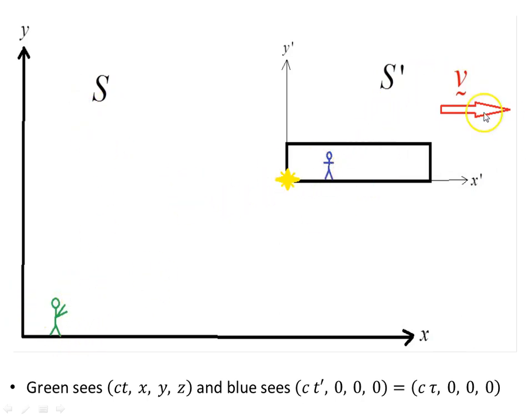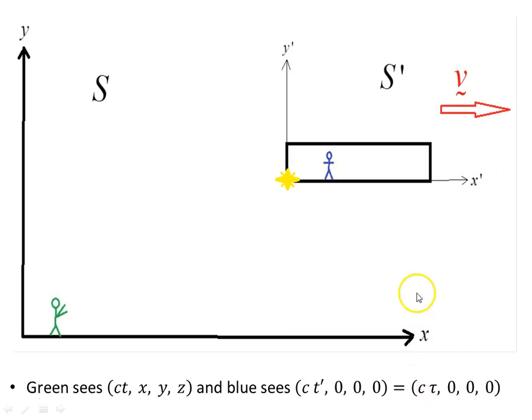This time now we're going to call the S prime frame the spaceship in which this observer is seated, and the rear end of the spaceship has a light that flashes right next door to the observer in S prime, who's sitting right next to the end of the spaceship there, and according to the observer in the spaceship, this is the corner, this is their axes, x prime, y prime, and according to them, this flash of light, which occurs at the origin of their coordinate system, has coordinate ct prime, which is c times tau.